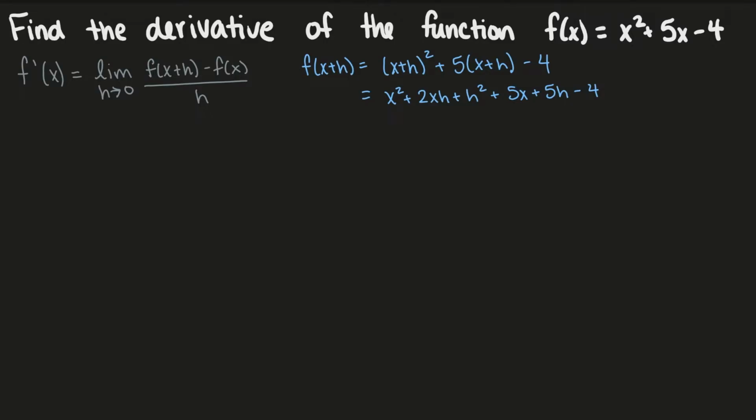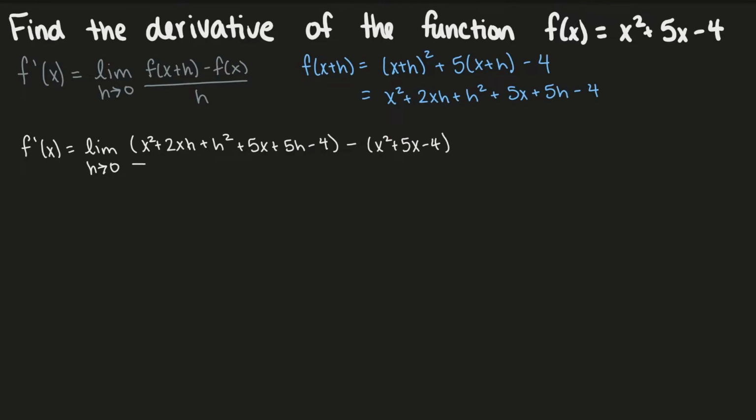To find our derivative, f prime x is equal to the limit as h goes to 0 of f of x plus h, which is x squared plus 2xh plus h squared plus 5x plus 5h minus 4, minus f of x, which is x squared plus 5x minus 4, all over h.